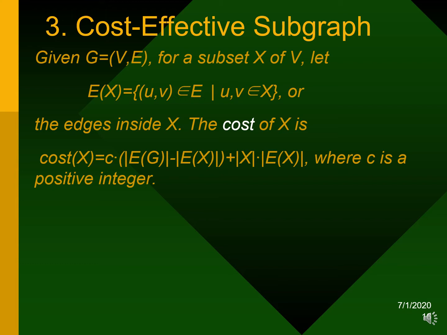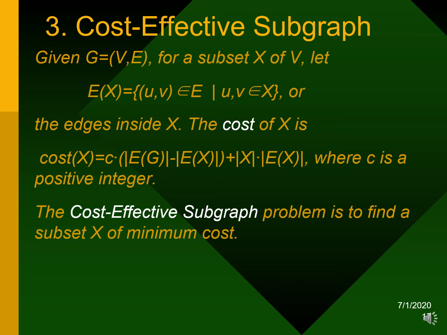C is some positive integer. It is C times |E(G)| minus |E(X)|, in other words the number of edges that are not in E(X), plus |X| times the size of |E(X)|. So intuitively, for all the edges not in E(X), we give a weight C. For any edge in E(X), we give it a weight of size of X.